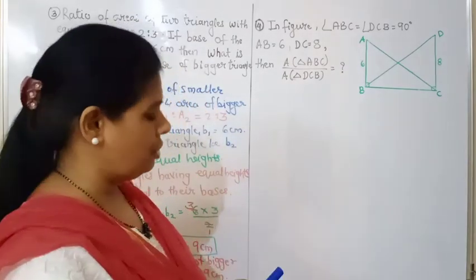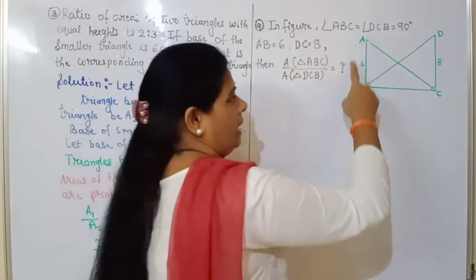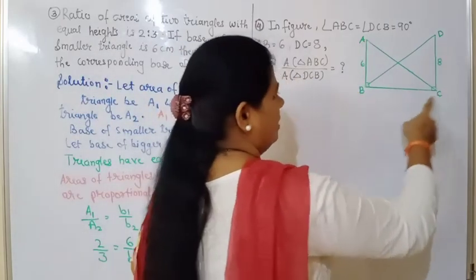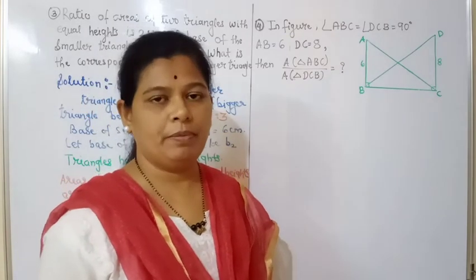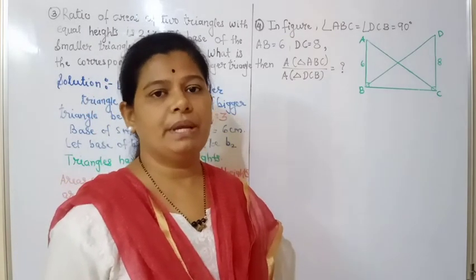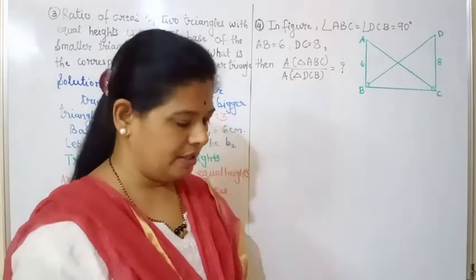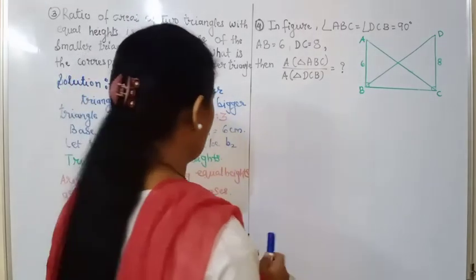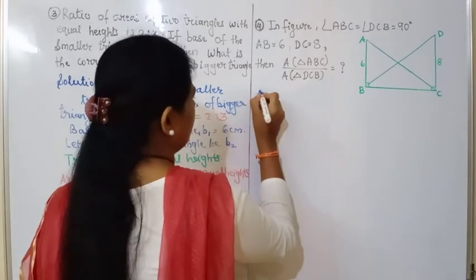As you can see, triangle ABC and triangle DCB have the common base BC. Obviously, if the bases are common, their areas will be proportional to their heights. So we will now write the solution.